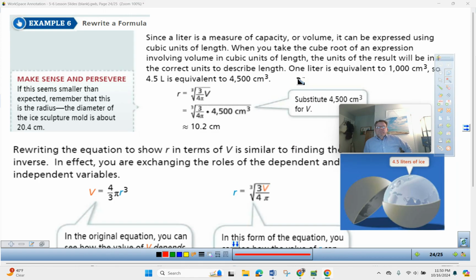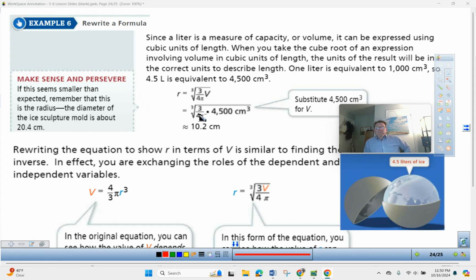Well, here's the deal. He said he put 4.5 liters in. It says 1 liter is equal to 1,000 cubic centimeters. So 4.5 liters is going to be 4.5 times 1,000. You've got to be able to figure that out: 4,500.